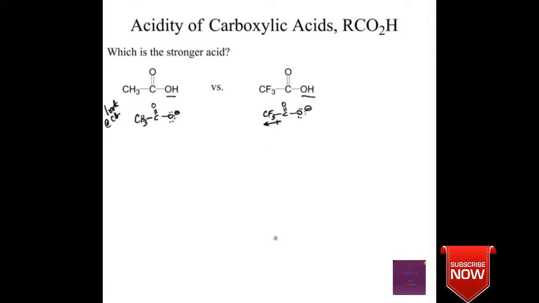Fluorine is electronegative. That means it pulls electron density toward itself. So let's start by stating some facts here. We could say fluorine is more electronegative than hydrogen, right? So then we can say that fluorine withdraws electron density.